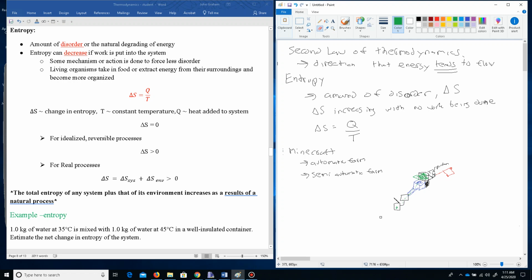A non-reversible system would be if you have, let's say, sheep.